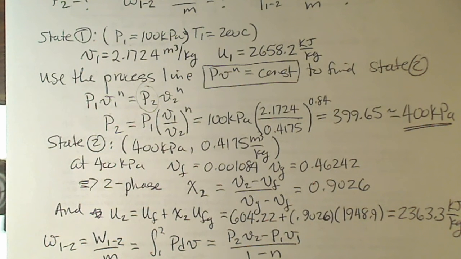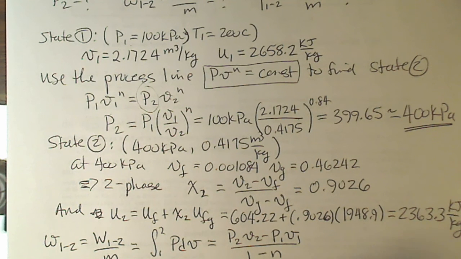And so if we follow the formula here that we came up with, P2 is 400 kilonewtons per meter squared. Specific volume 2 is 0.4175 meters cubed per kilogram.